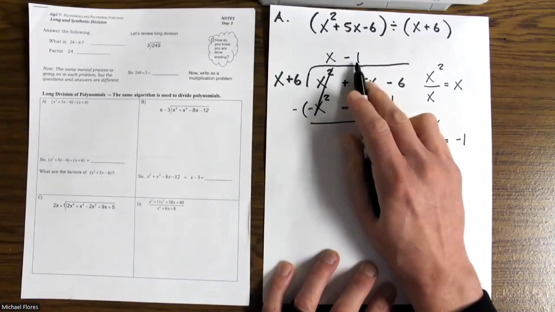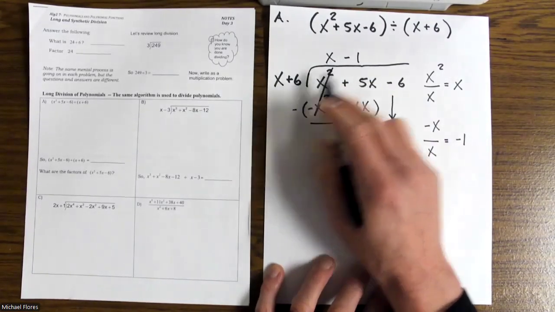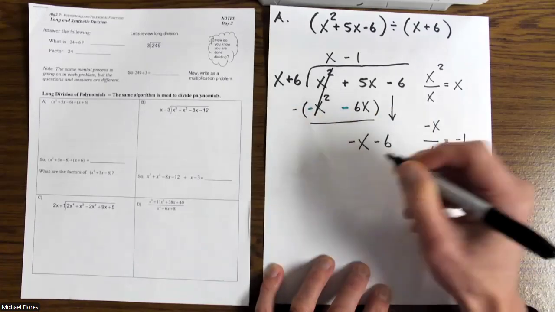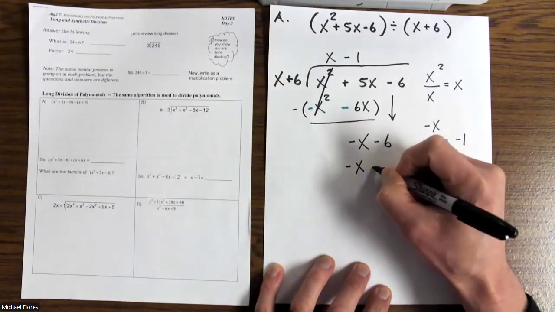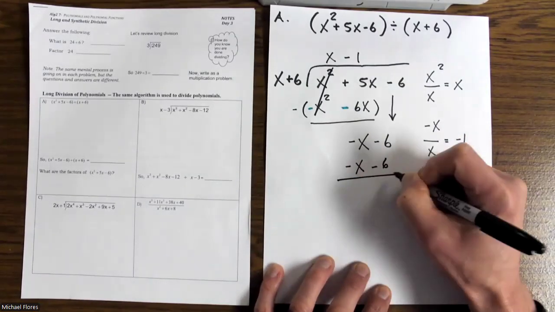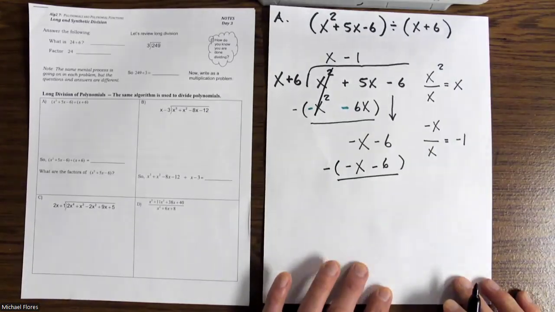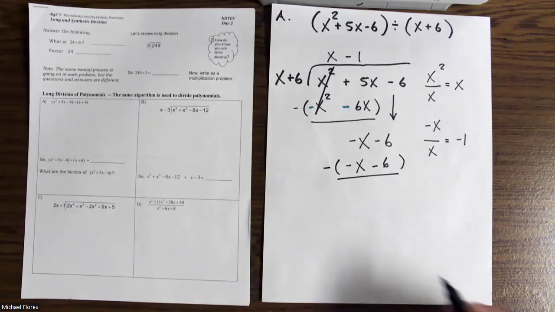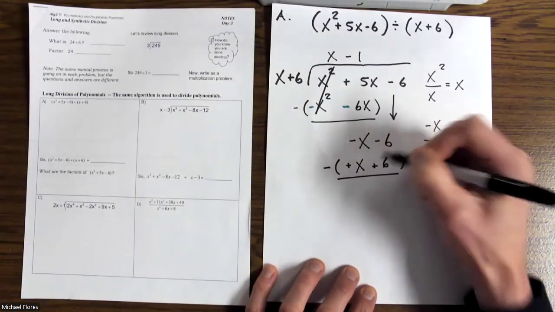Now I'm going to take what I just wrote down, the minus 1, and multiply it by these here. Negative 1 times x is negative x. Negative 1 times 6 is negative 6. Underline, wrap, negative. And if you distribute this negative throughout the parentheses, all these are now positive.